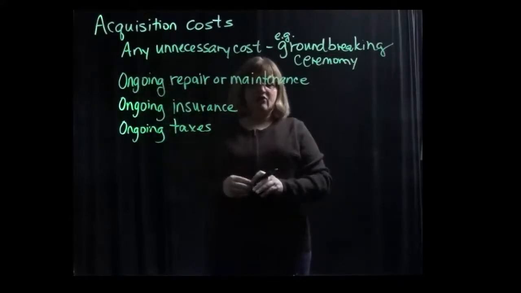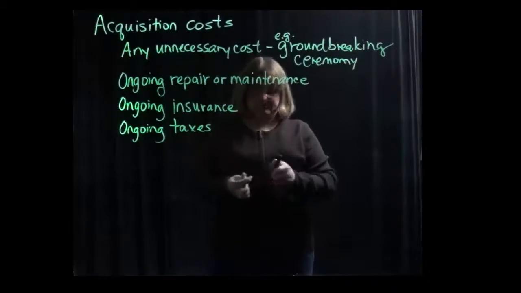Next, we're going to talk about what happens if you buy an asset as part of a basket purchase or a group purchase. When you buy multiple assets as part of a group purchase, it's important to determine separate acquisition costs for the different assets.